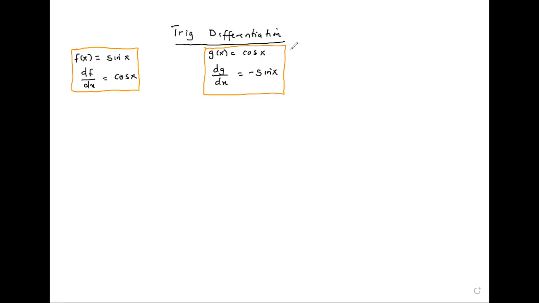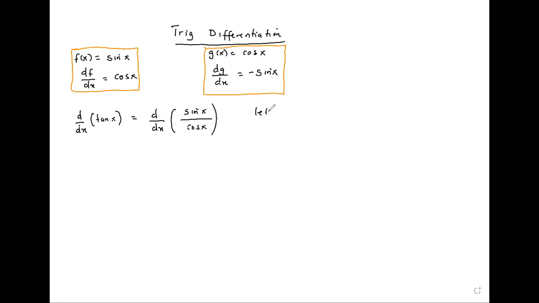Since the derivative of tan x is the same as the derivative of sine x over cos x, this is the quotient rule.